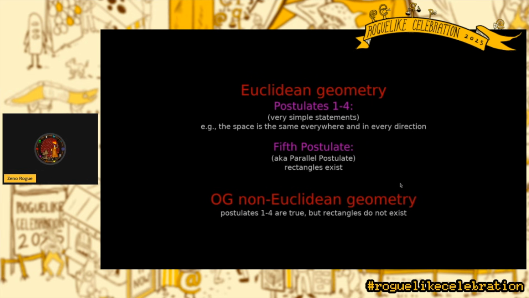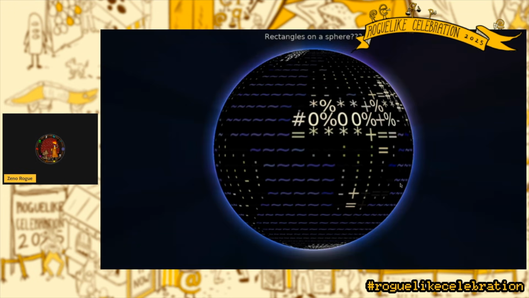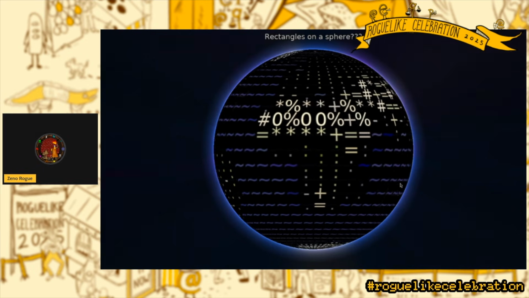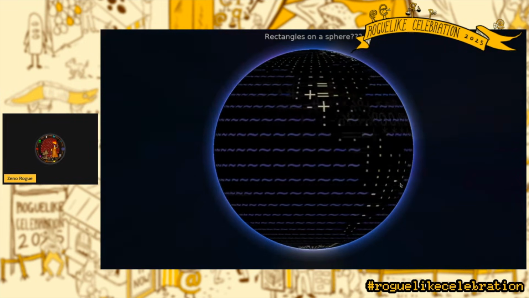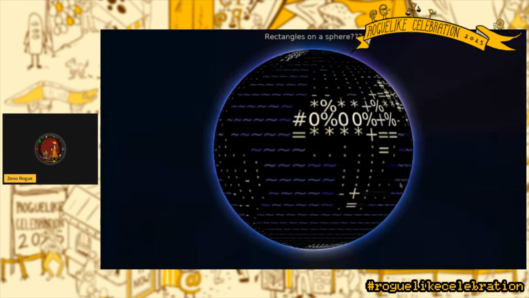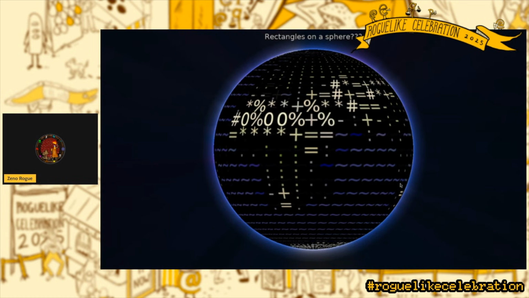How could it even happen that rectangles do not exist? Let's suppose we are making a roguelike on a sphere. It could look like this. We have a sphere, and we have something which looks a bit like a square grid, but if you look at it, it's not actually squares.